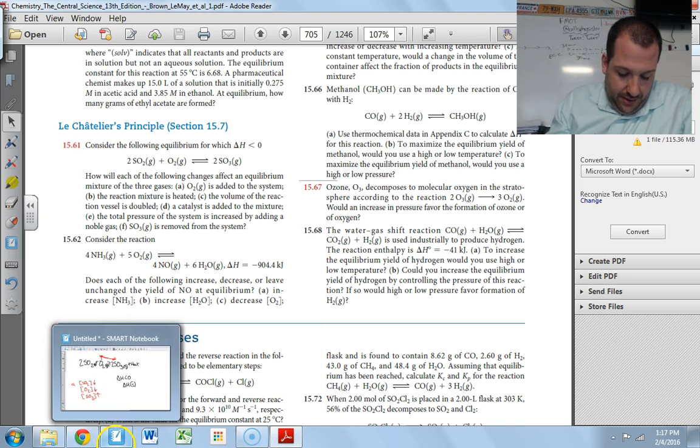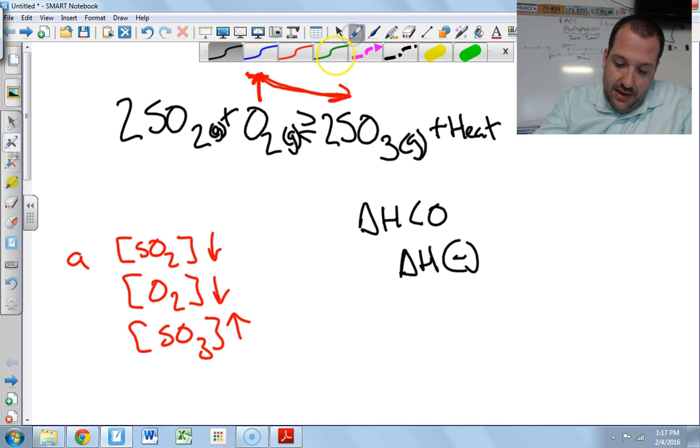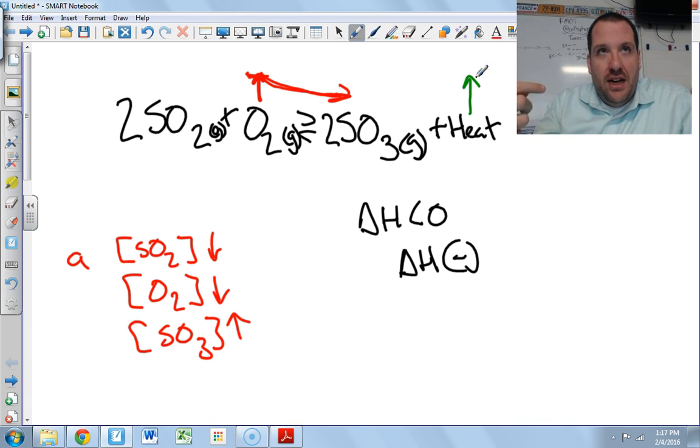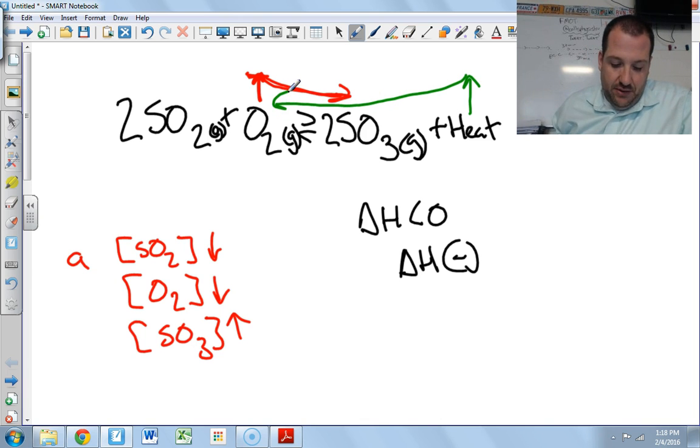Now that we have that figured out, we can do this in kind of the same way, and I'll do it in a different color. The heat goes here. Again, Le Chatelier's principle says the system shifts to alleviate the stress, so it's going to shift this way.